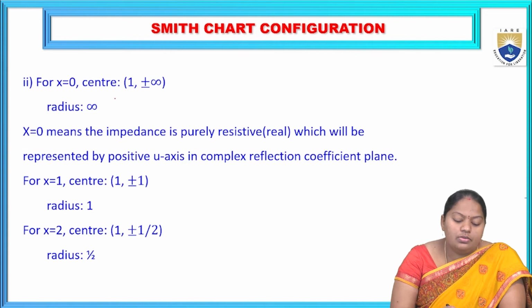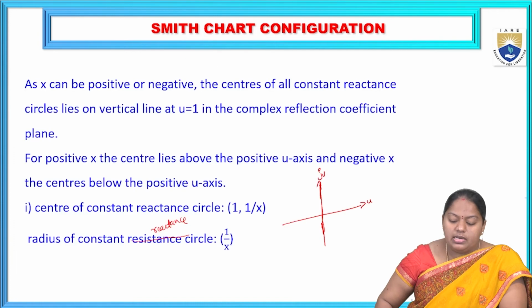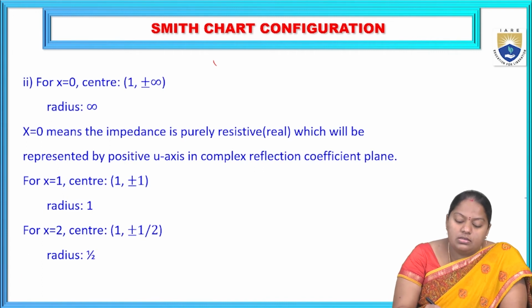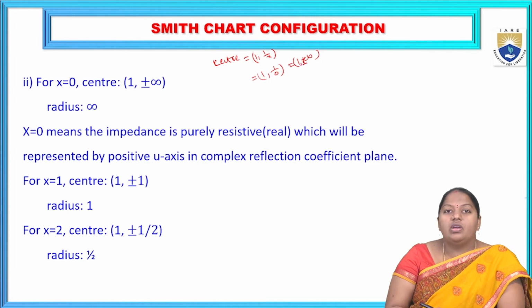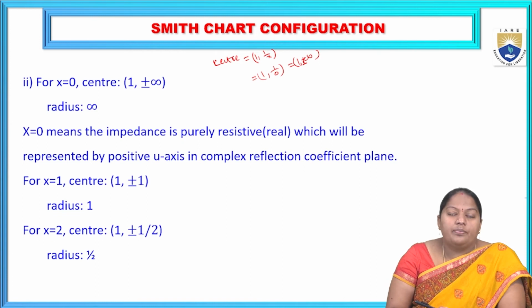If x is equal to 0, the center is (1, 1 by x) and the radius is 1 by x. Substituting x by 0, 1 by 0 becomes infinity, so the center is (1, plus or minus infinity). Why? Because x is an imaginary part, the positive values lie above the u axis and the negative values lie below the u axis.